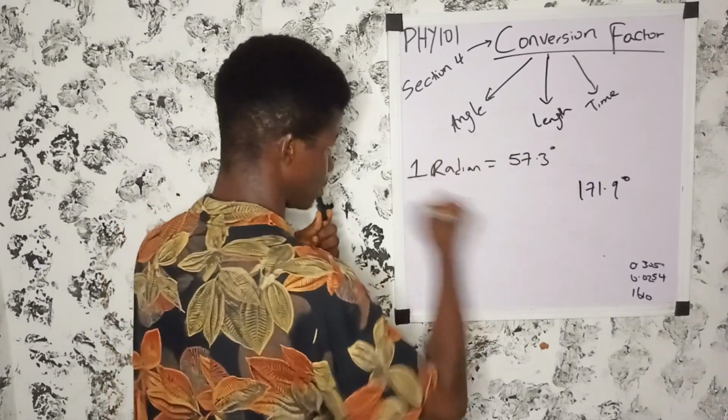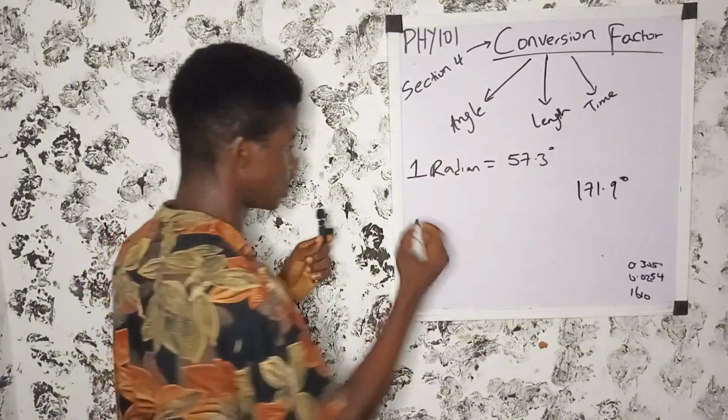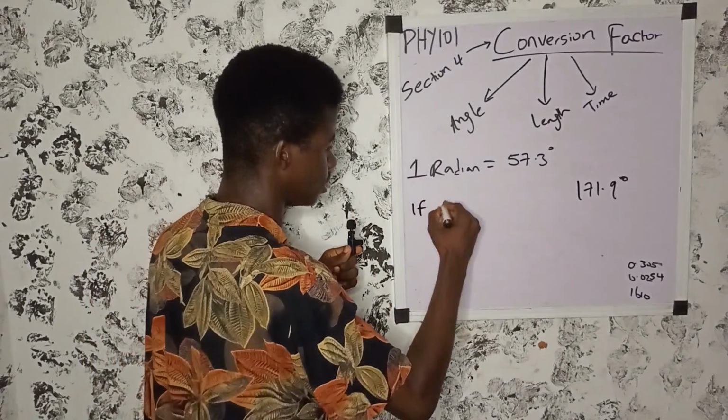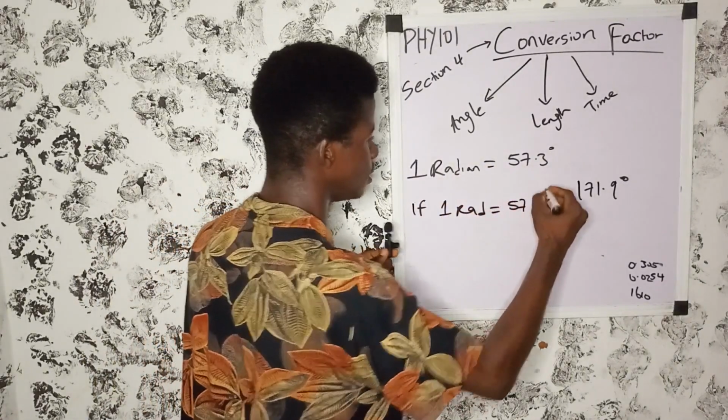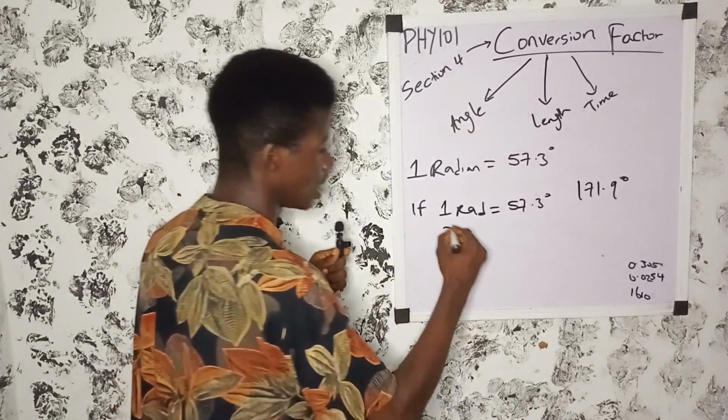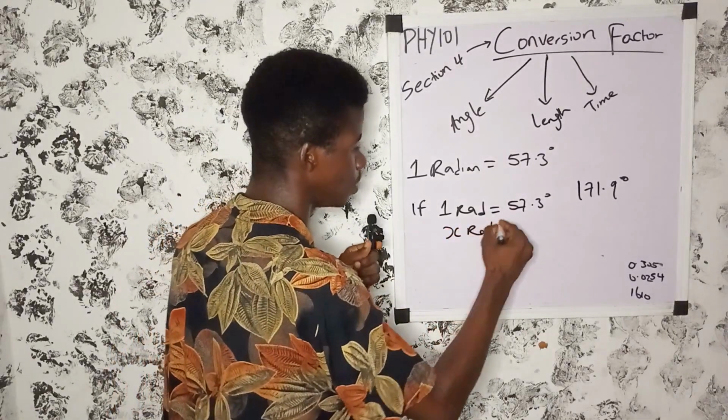You can use this as a constant. You will say if 1 radian is equal to 57.3 degrees, then x radians equals 171.9 degrees.